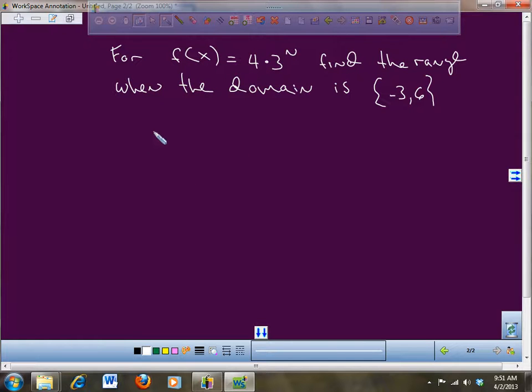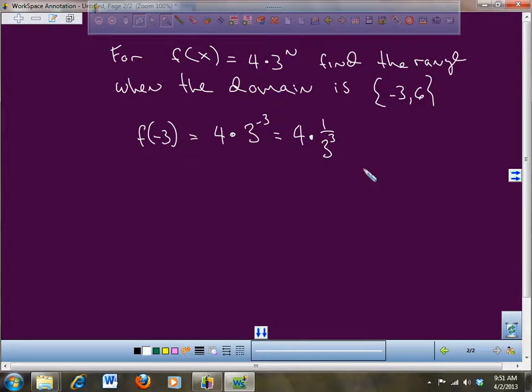Okay? So f of negative 3, that means what do I get when I plug in negative 3? It's equal to 4 times 3 to the negative 3, which I could write as 4 times 1 over 3 to the 3rd. It's kind of nice to do these by hand, rather than plug everything into your calculator. Do you guys see what I did?